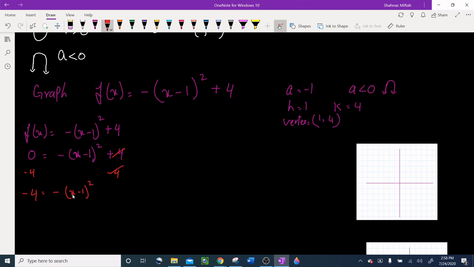Now what do I do to get x by itself? I have to get rid of this exponent first, which is just simple PEMDAS. To get rid of the exponent, we are going to take the square root.